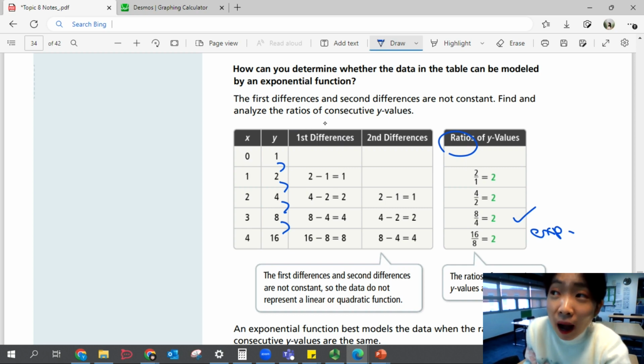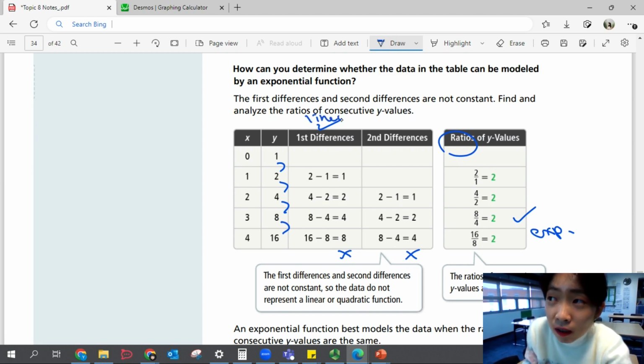If you have constant first differences, then it's a linear line. If that's not constant, then go to second differences. If the second differences are the same, then it's a quadratic function. But if that's not the same, then go to ratios. So that should be in order.